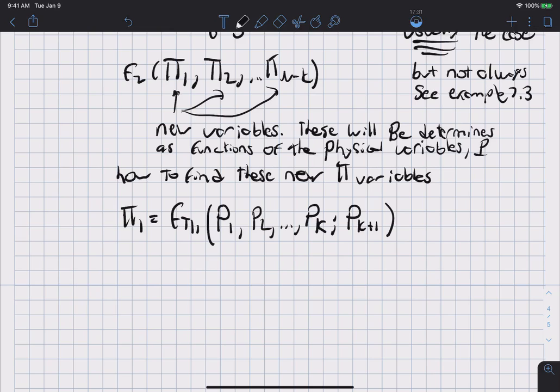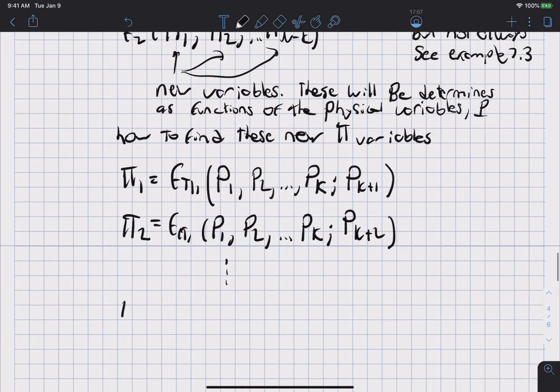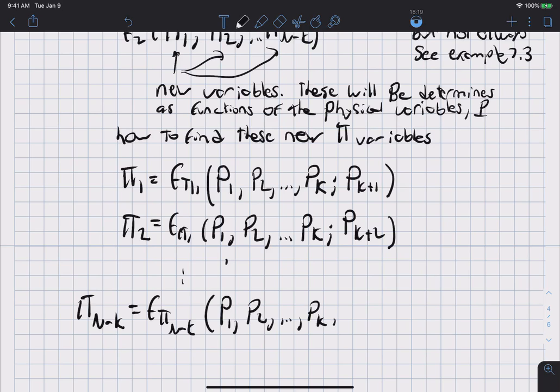We have a second pi variable that will be a function of the first physical variable, the second physical variable, and the kth physical variable, plus another physical variable, which I'll call k plus 2. Then you go all the way down to pi n minus k, the last pi variable, which is equal to some function of the first physical variable, the second physical variable, the kth physical variable, and Pn.